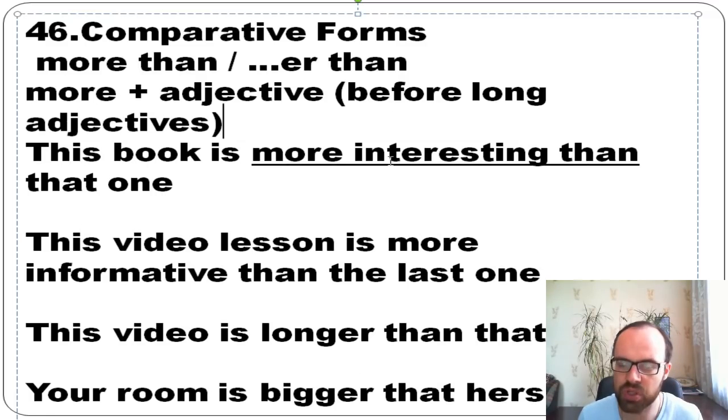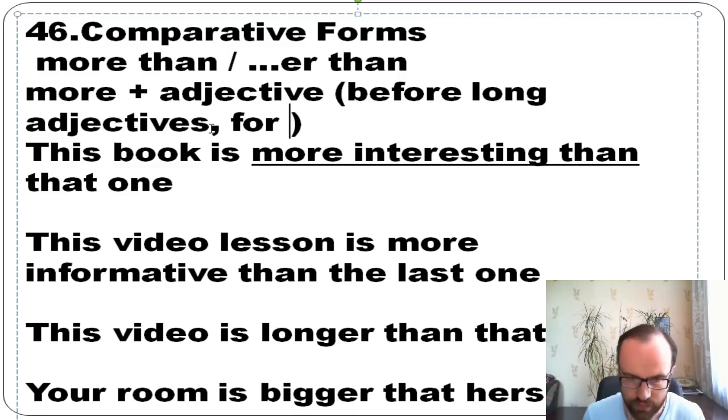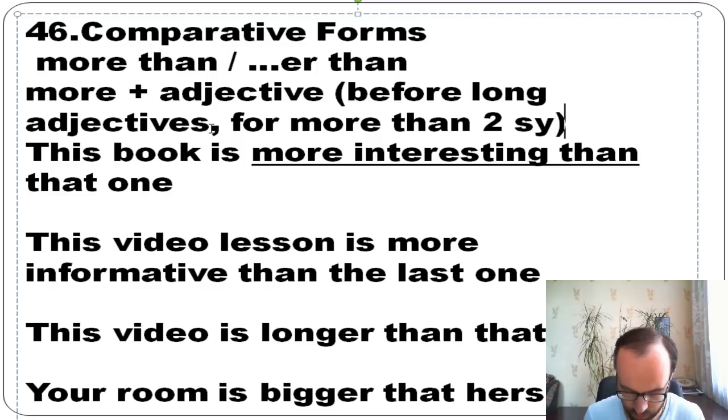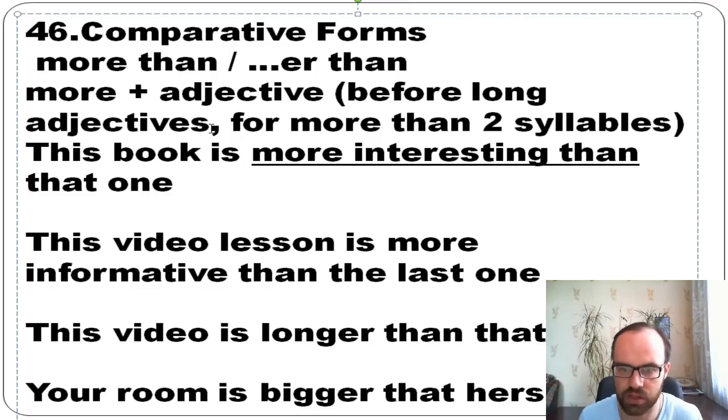Look, the book is more interesting. So interesting is a long adjective. It has more than 2 syllables. For example, long is 1 syllable, but interesting has more than 2 syllables.